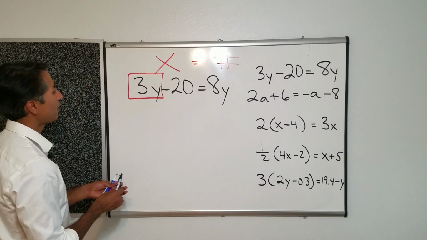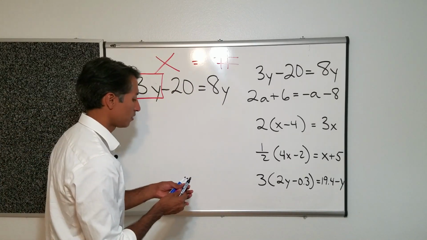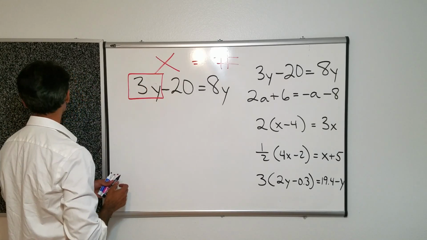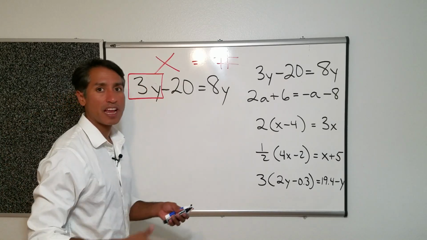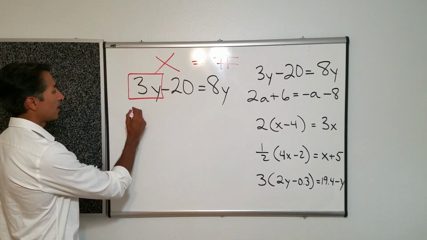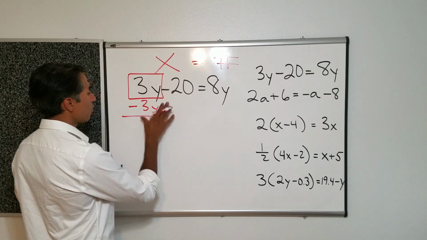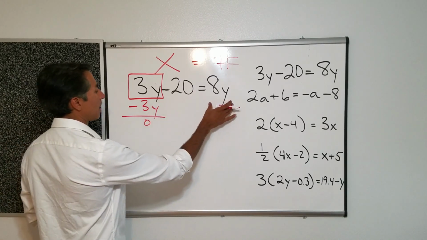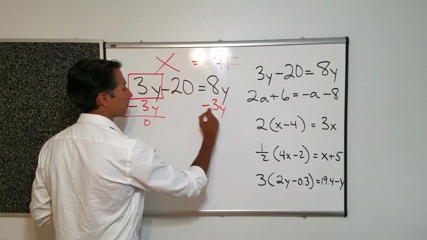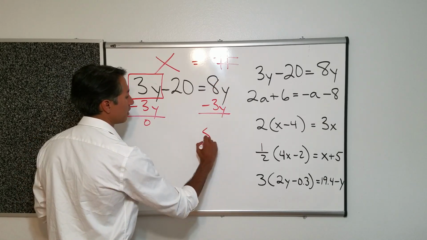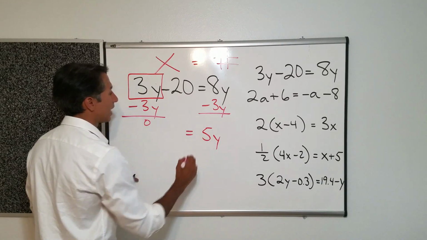And so I have 3y minus 20 equals 8y. In order for me to get rid of that, I need to do the opposite. So I subtract 3 y's and get a 0. What I do to one side of the equation, I do to the other.